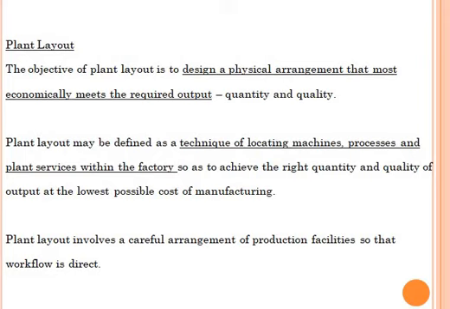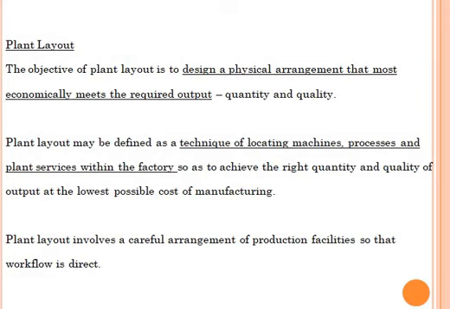So when I say plant layout, I mean the designing of the arrangement of the physical things included in my facility. This means that I want to arrange machines and the people who are moving within the facility.